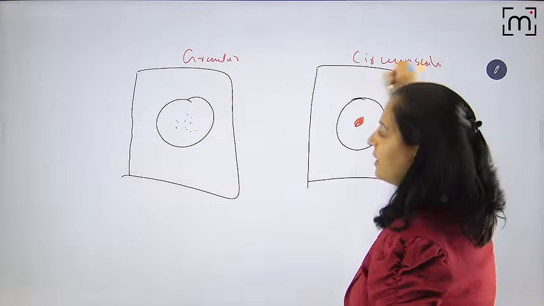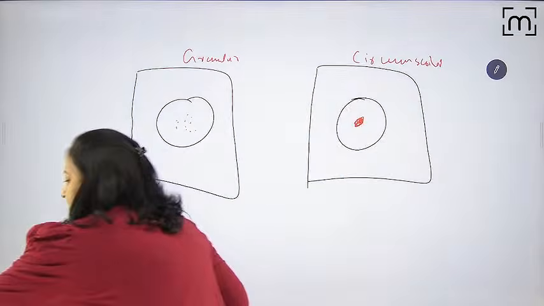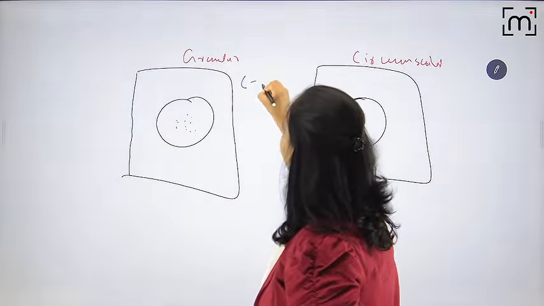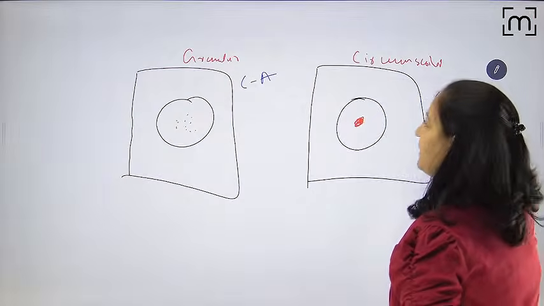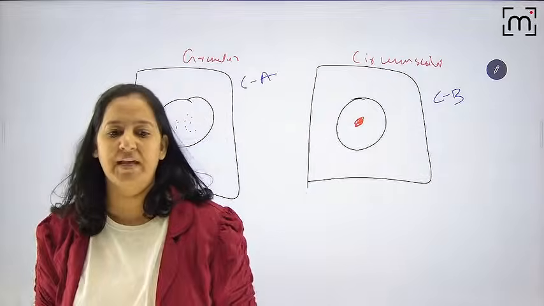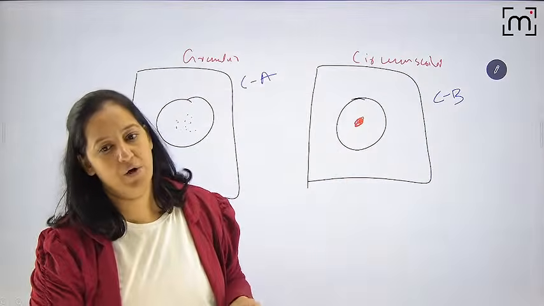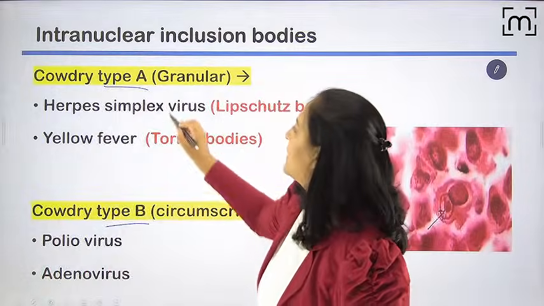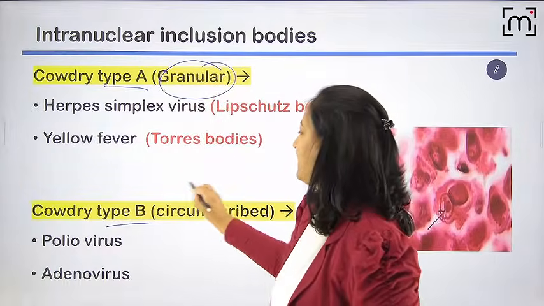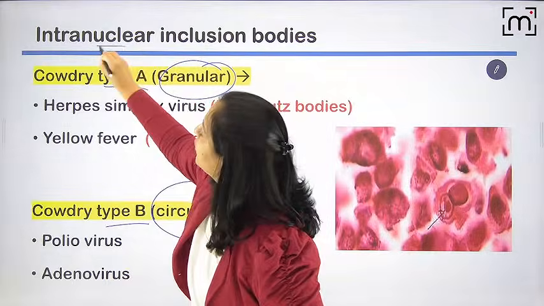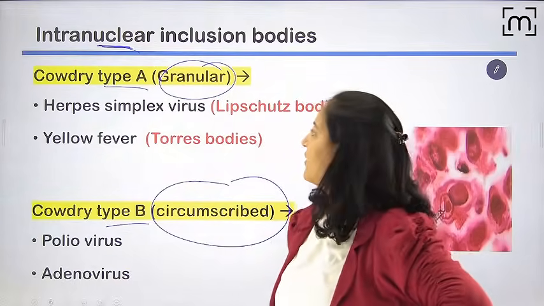That's it. So this one is Cowdry A and this one is Cowdry B. Both are intranuclear only, but one is granular, Cowdry A, and one is circumscribed, Cowdry B. I hope you got it.